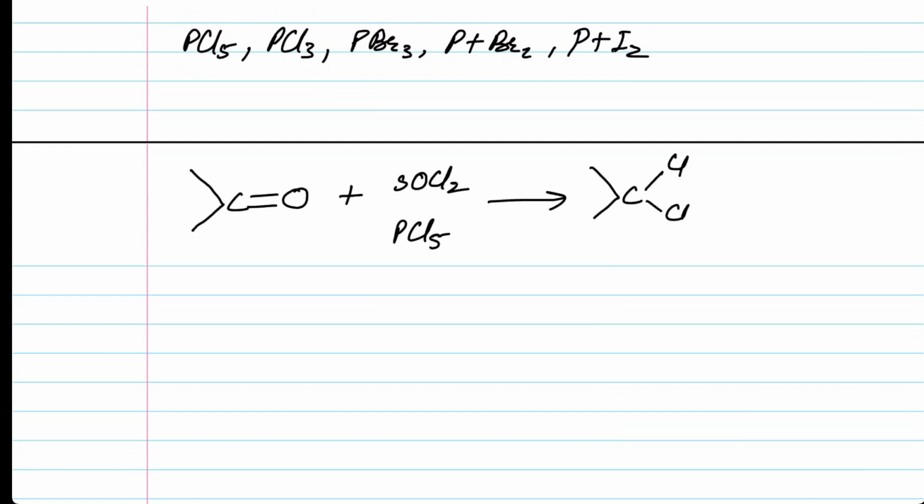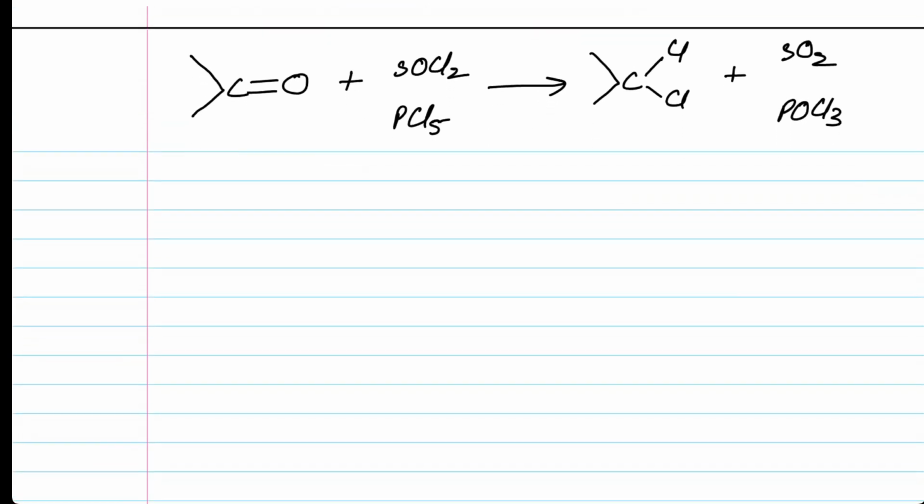When we talk about the preparation of alkyl halides from the carbonyl compound, that is aldehydes and ketones, one of the simple reactions would be that if we react this aldehyde or ketone, that is a carbonyl compound, with SOCl2 or PCl5, then in that case, we are going to get a geminal dihalide, in this case chloride, along with SO2 in case of SOCl2 and POCl3 in case of PCl5. So that is what we are going to obtain in this particular reaction.